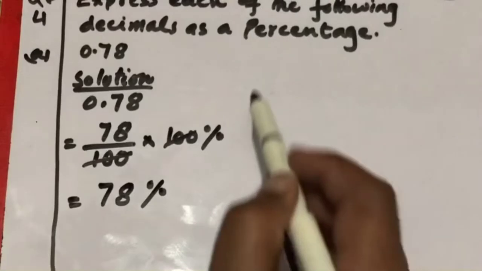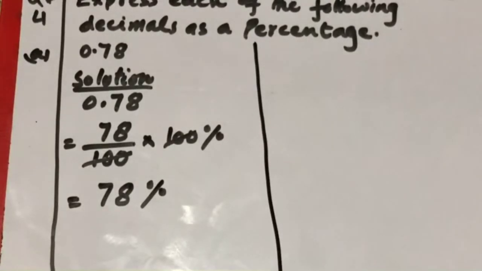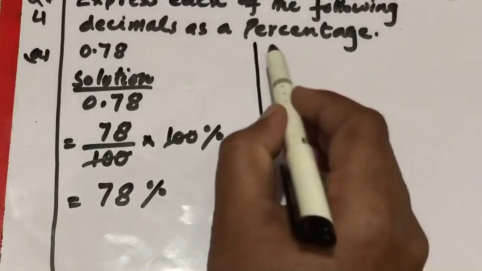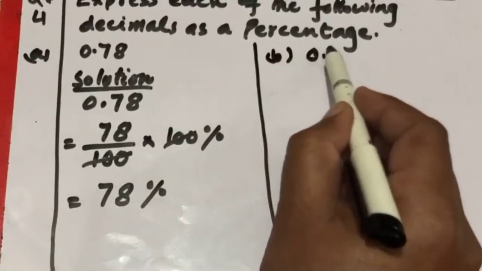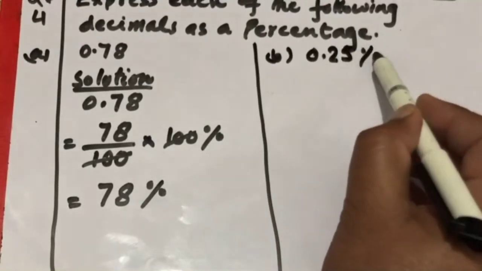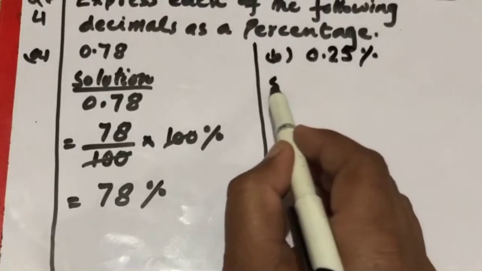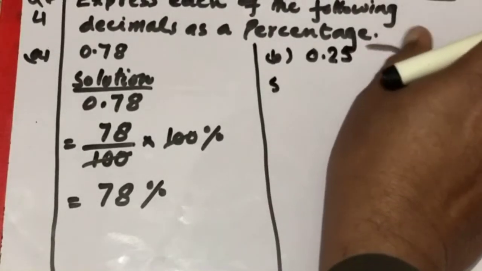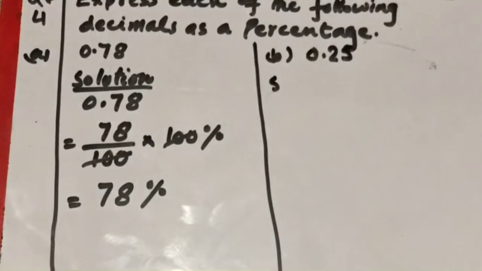Now we are going to solve the second part of question number 4, which is B. The decimal number is 0.25. We have to express it as a percentage.